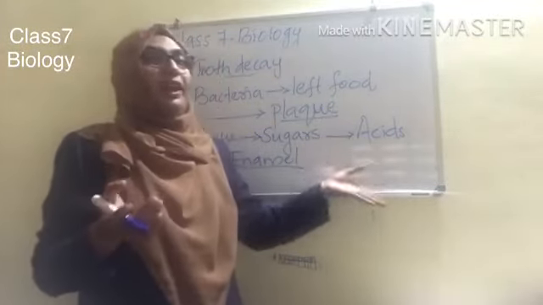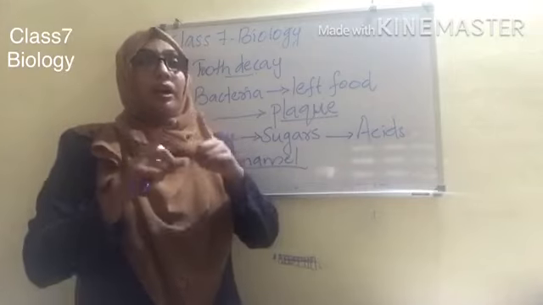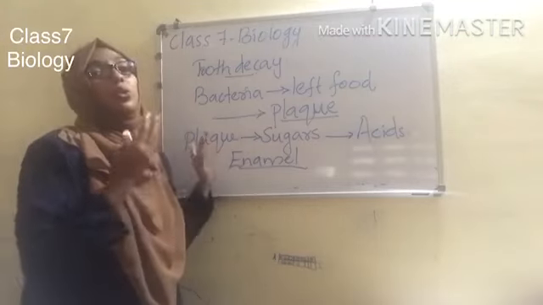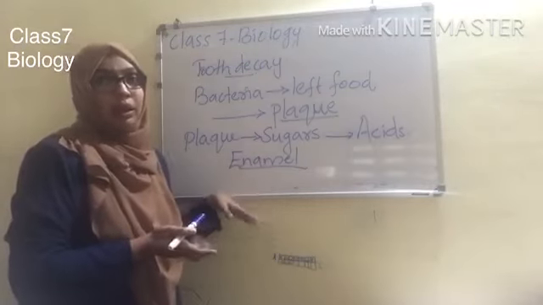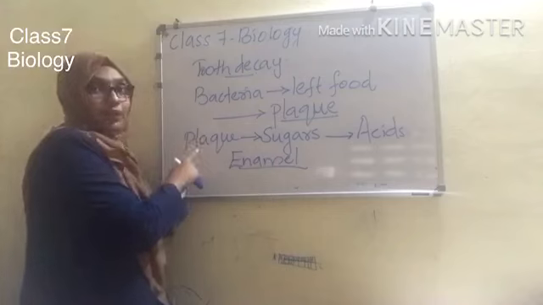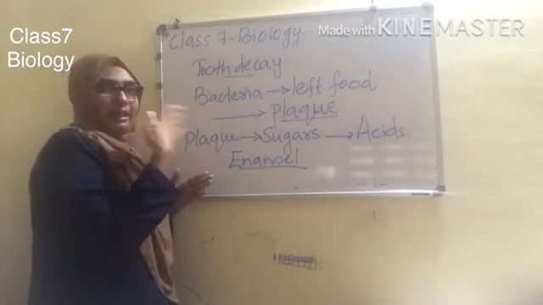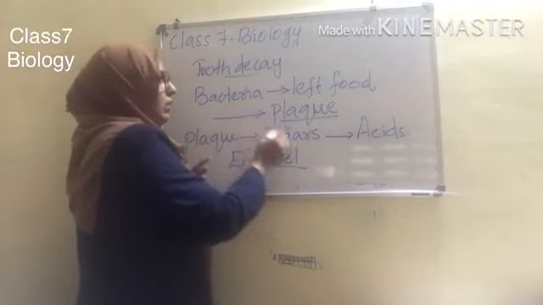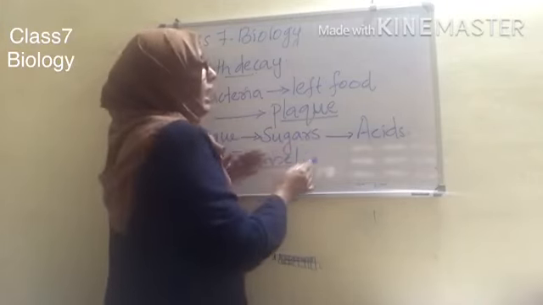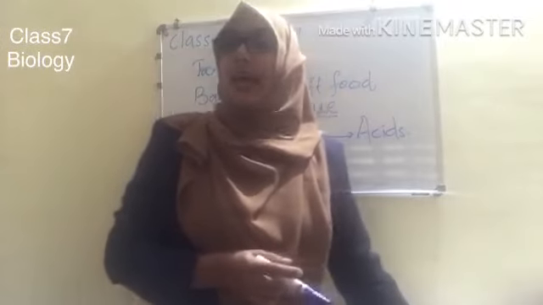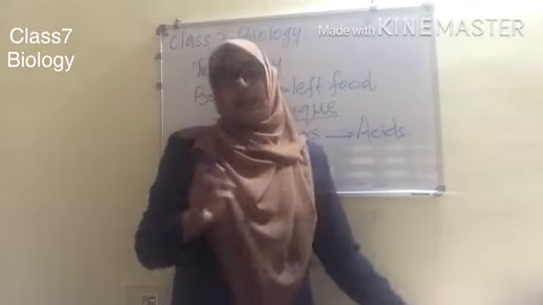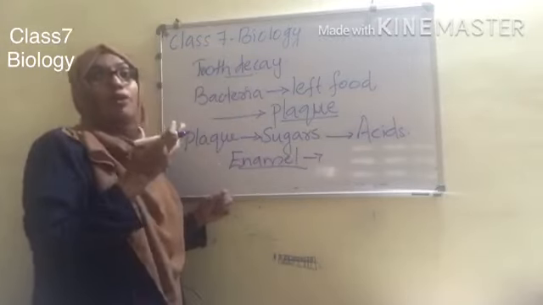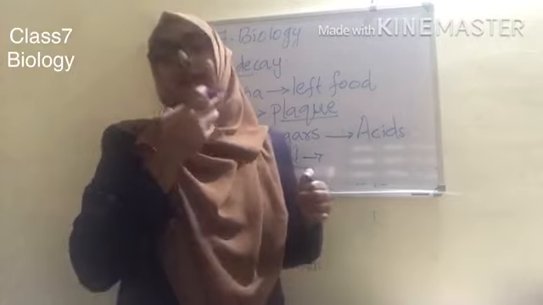But acids have the ability to digest or react with even this enamel. They can destroy or damage the enamel. Clear? So if plaque is not cleaned or maintained correctly, it would react with the sugars present in our food and form acids, and these acids would affect our enamel and result in tooth holes or cavities.